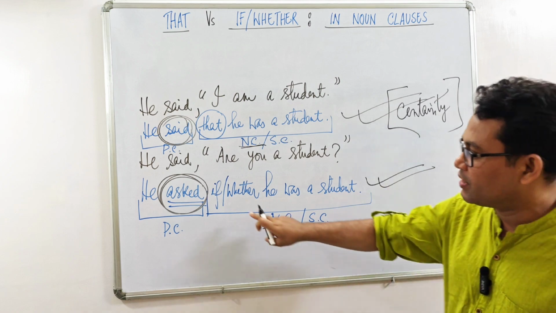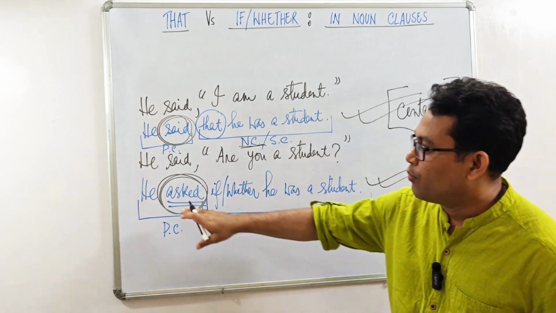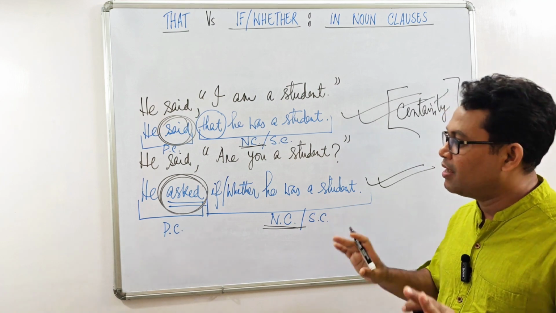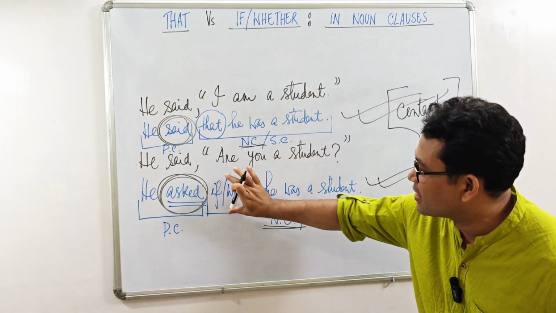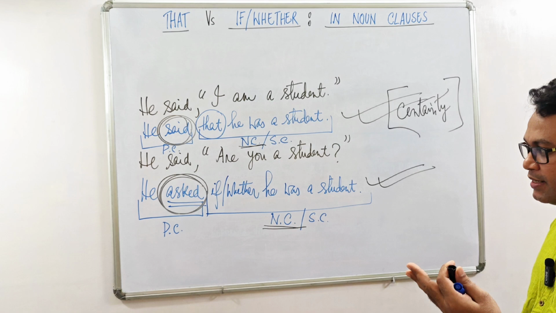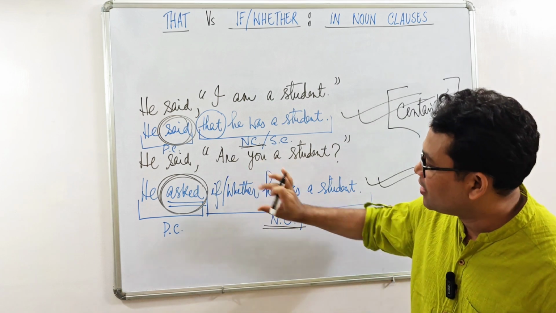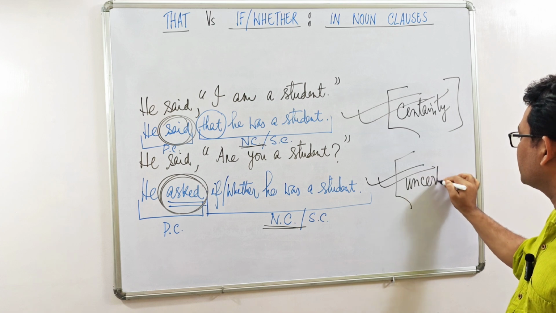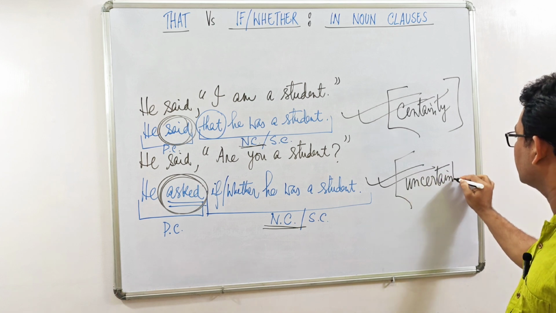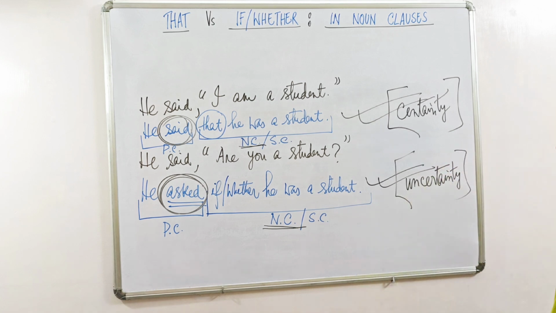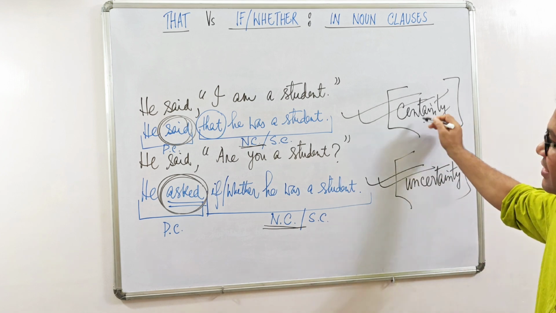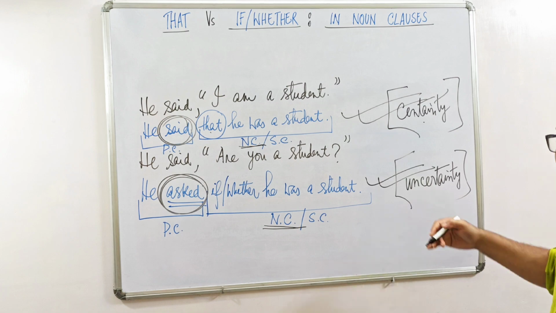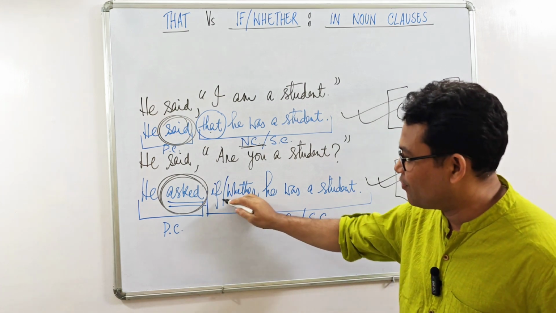Otherwise, we have to use if or whether, especially when the speaker is in doubt, the speaker is not sure, the speaker is not certain about the fact that is to be mentioned or explained or uttered in the noun clause. Okay? So remember, certainty demands that, uncertainty will demand if or whether.